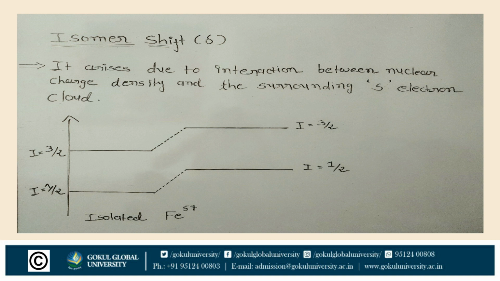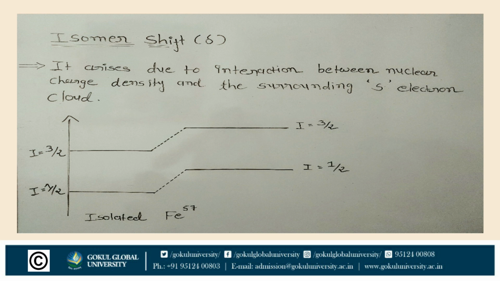That is, I equals 1/2 at the ground state, and the first excited state is I equals 3/2. For an isolated iron 57, where we take a single nucleus, these are the energy levels. But when we see it in a different atmosphere, in a different environment, these energy values can vary.